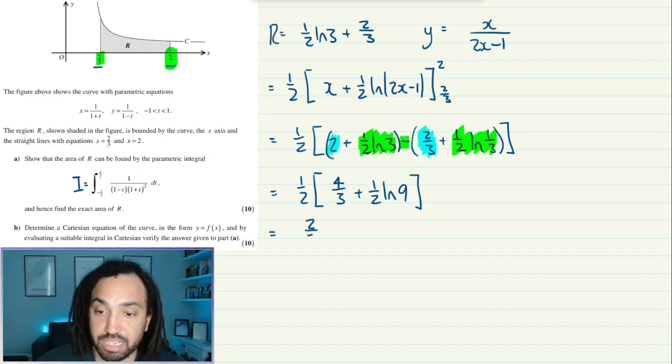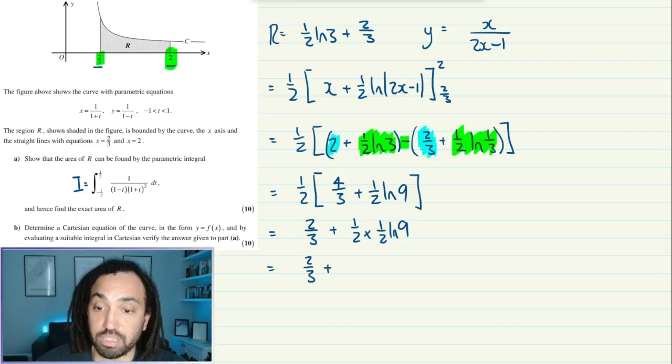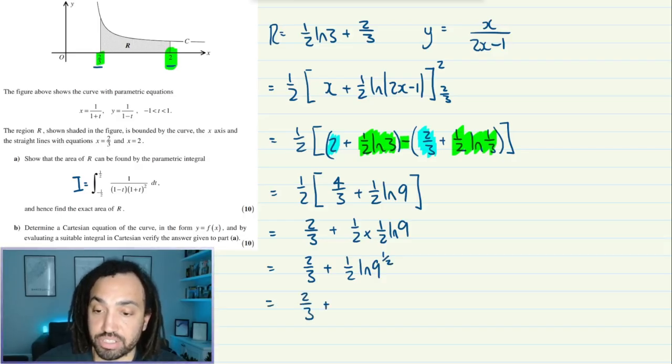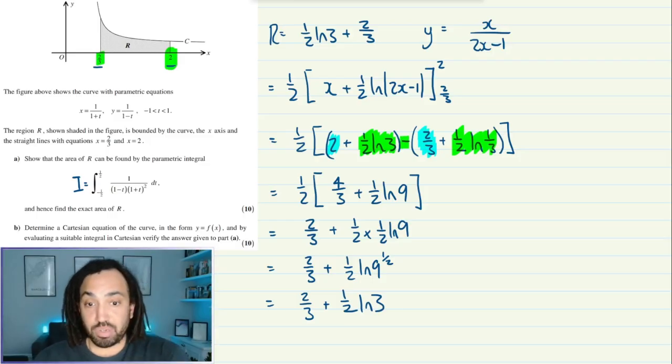Multiply through, that gives me this, and then I can show that they're the same because this is a half times a half ln 9, and one of the halves there, doesn't really care which one, can come up to be the power of the input of the logarithm like that, and of course 9 to the power of a half is 3. And that is the same as the first one. Yeah.